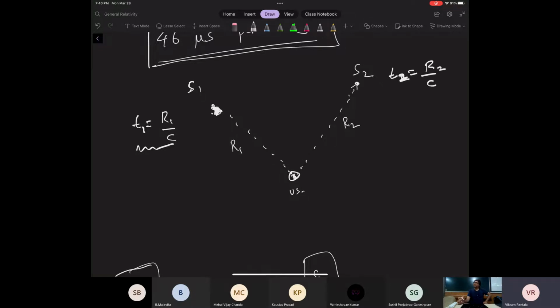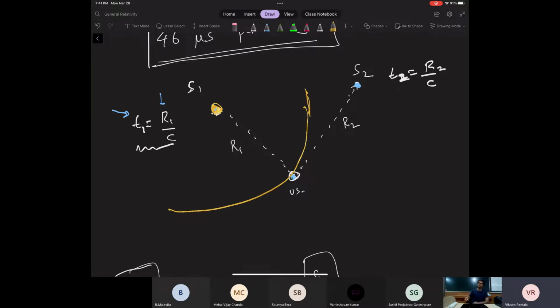That is r2 by c. Now, when you measure the time that has elapsed on one satellite, this is giving you a distance. You measured this time, and by multiplying it by c, I know the distance to you from this satellite. And similarly, I know the distance to you from the other satellite. But with this satellite alone, I can only localize you on a circle because I only know the distance to you. I don't know where you are.